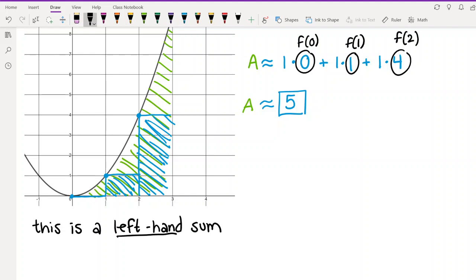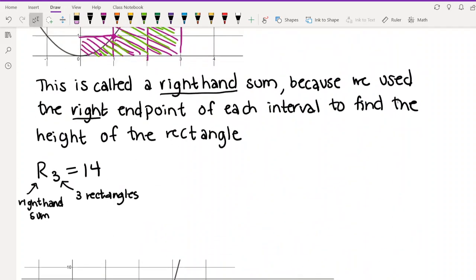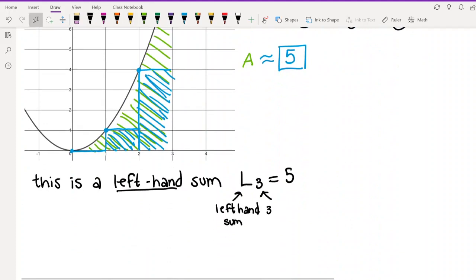And so we would call this one L3, and we would say L3 is equal to 5, because when we did a left-hand sum with 3 rectangles, we got an area of 5.